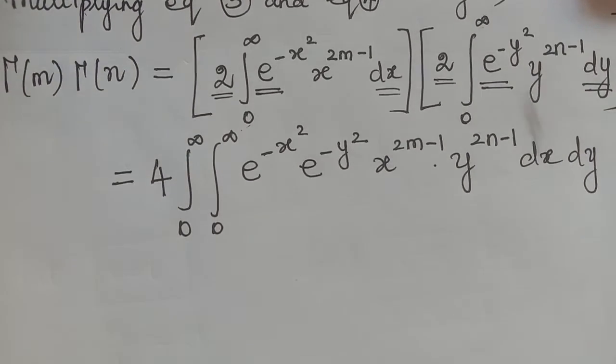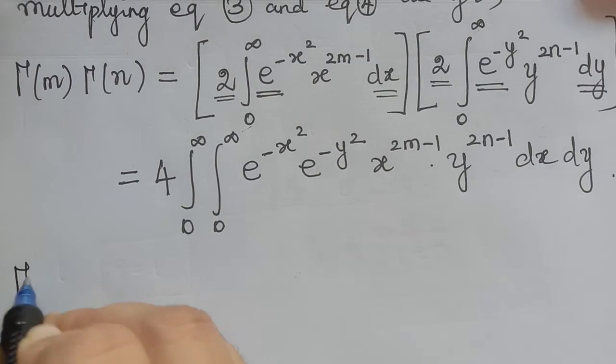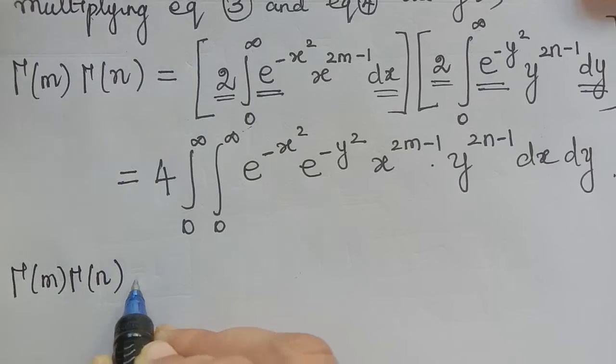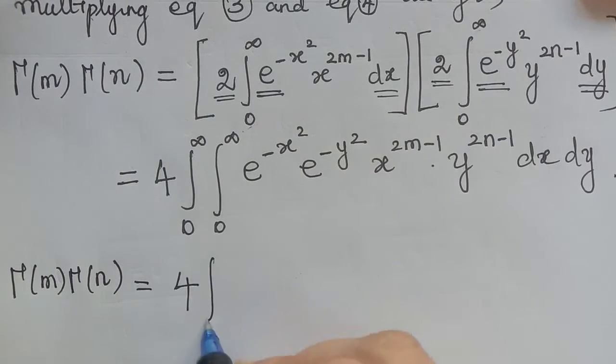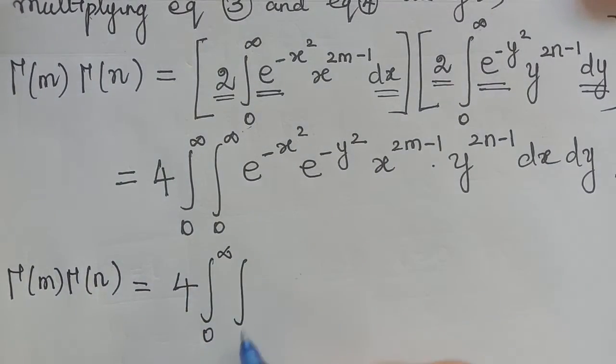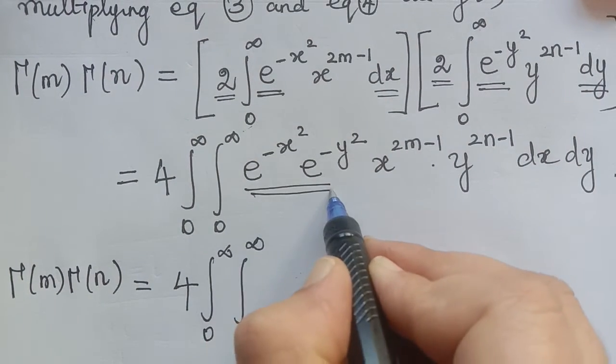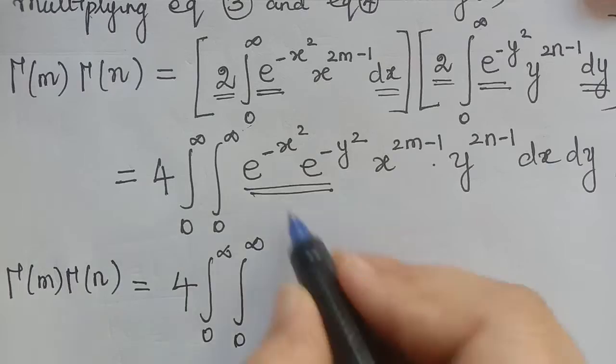We shall further rewrite this. So we will be getting gamma of m multiplied with gamma of n to be equal to 4 integral 0 to infinity, again integral 0 to infinity, and these two, the base are same, which is e. So the powers can be added.